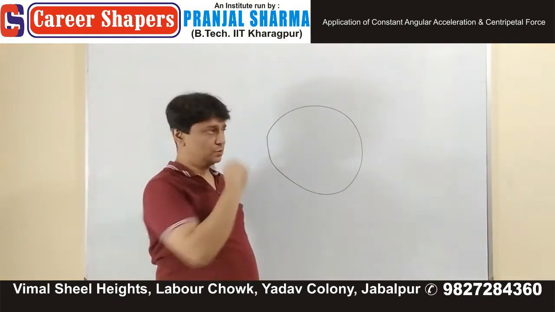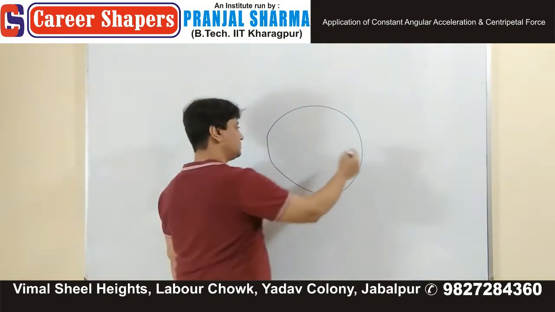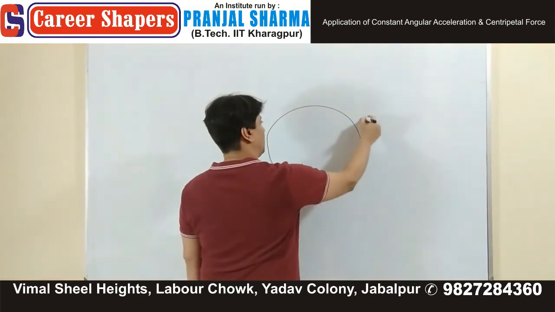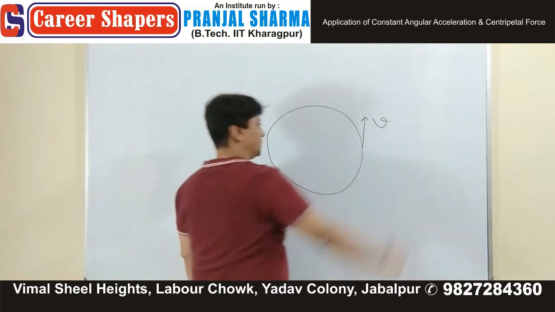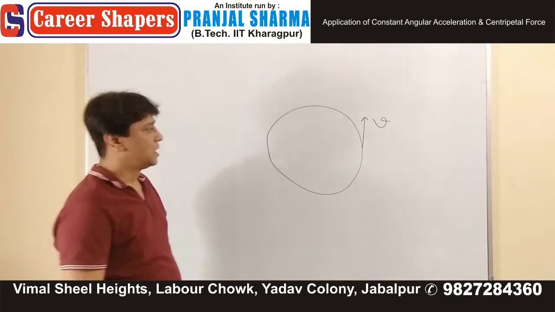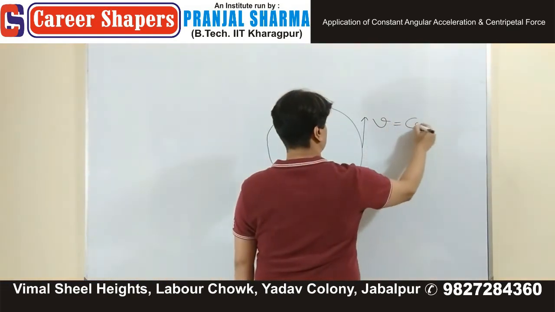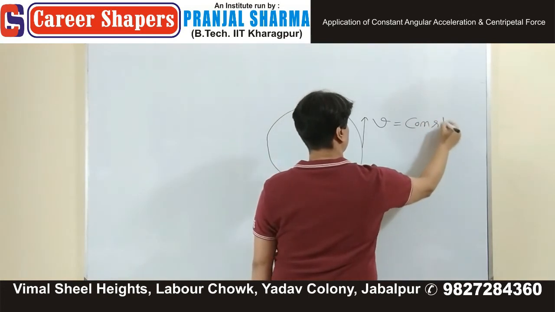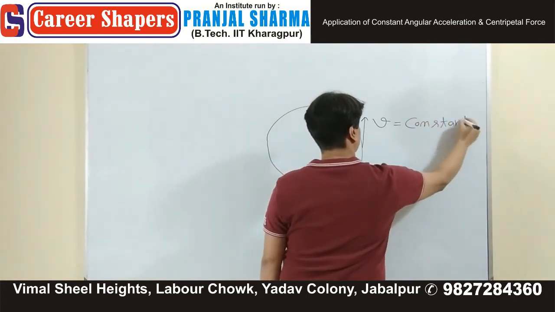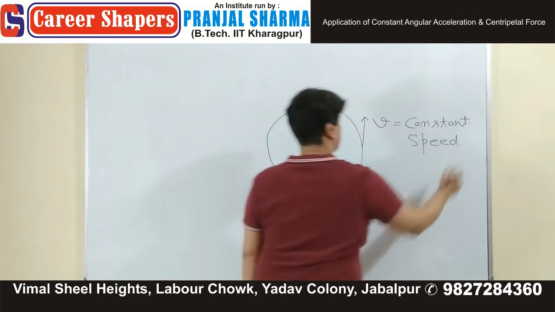Let me ask you a few things. An object is moving with V, and V is constant. V means constant speed.